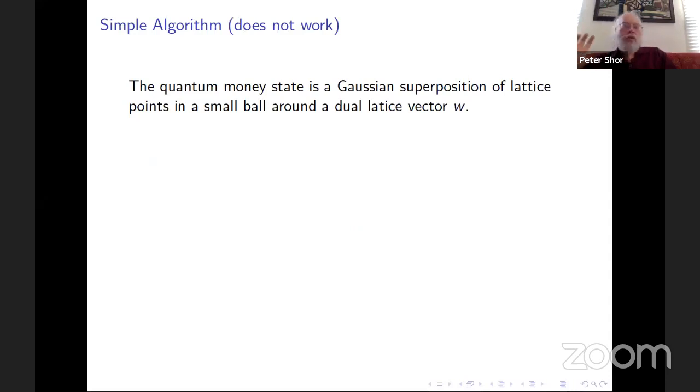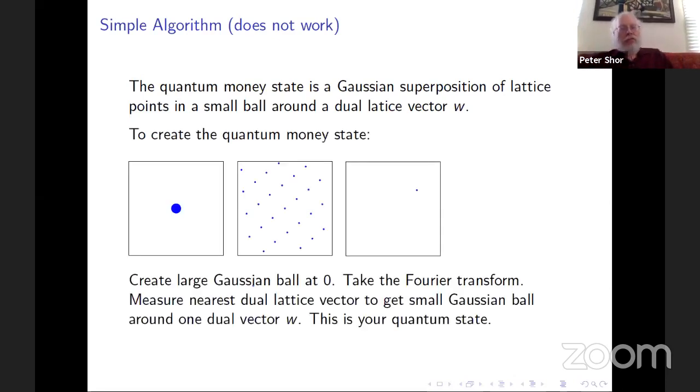So the simple algorithm, the quantum money state, is a Gaussian superposition of points in a small ball around a dual lattice vector W. So how do we create it? Well, what we're going to do is start with a large Gaussian ball centered at 0. Now we take the Fourier transform.